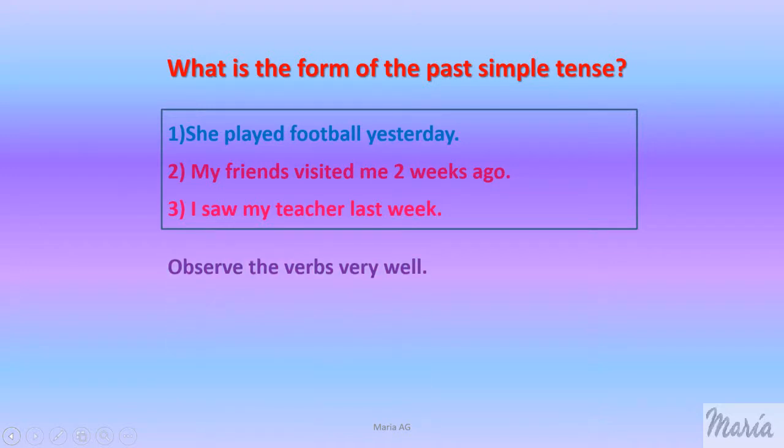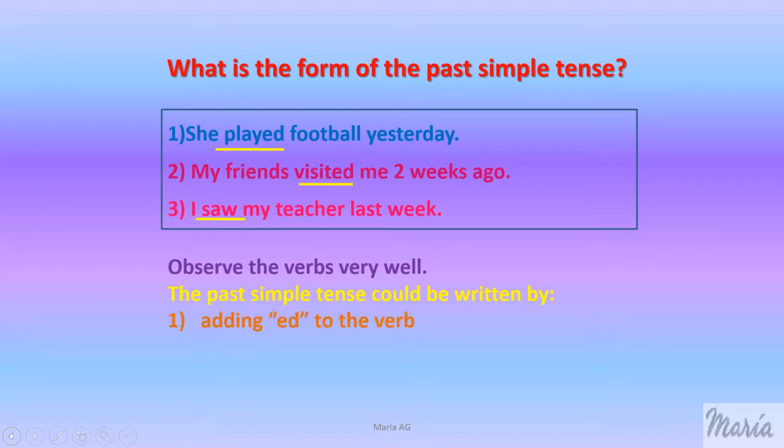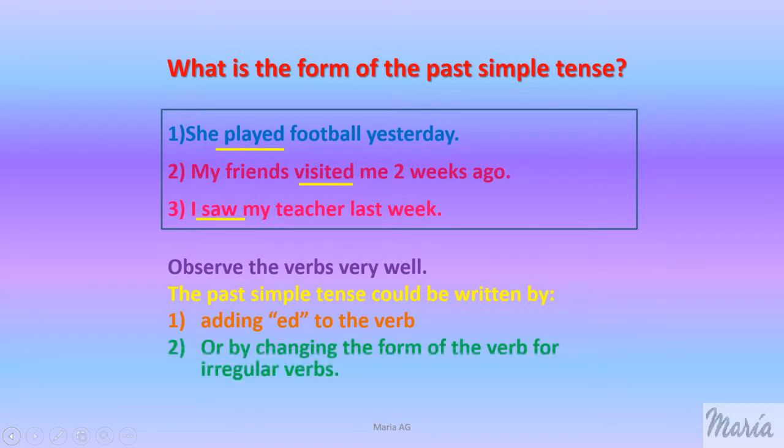Observe the verbs very well. The past simple tense could be written by 1. Adding ed to the verb. 2. Or by changing the form of the verb for irregular verbs.